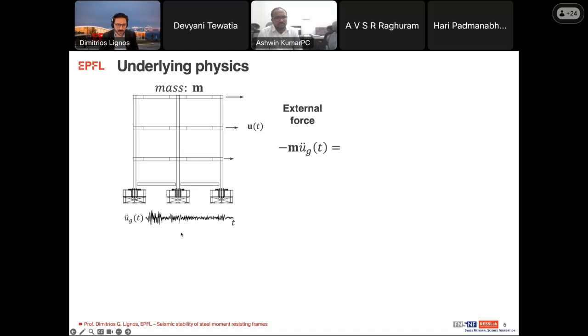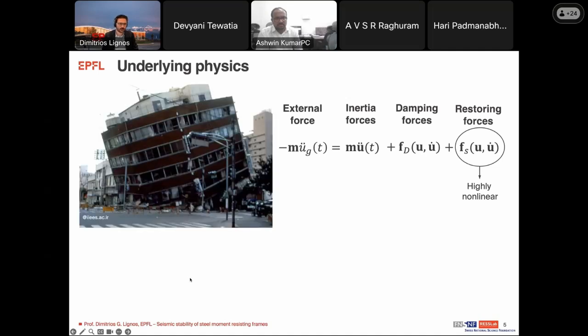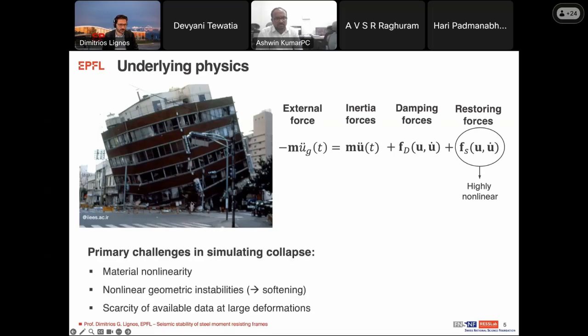The external force caused by the earthquake will be equal to the inertial forces plus damping forces, as well as restoring forces. I'm trying to understand where the restoring forces come from, and in particular what could influence what we call degradation, because this term could be highly nonlinear, and ultimately it is this that will cause buildings to collapse, such as in the image here.